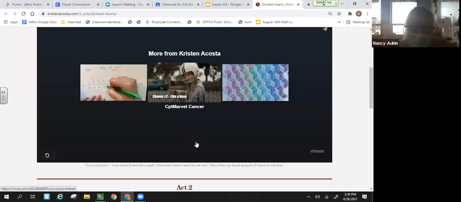How many boxes were used? Oh, we've got 3 questions. First, how many boxes were used? Second, how many hearts were in one box, right? Lennox wanted to know that. Were there an equal amount of hearts in one box? I'll write these down and then I'll show it to you.